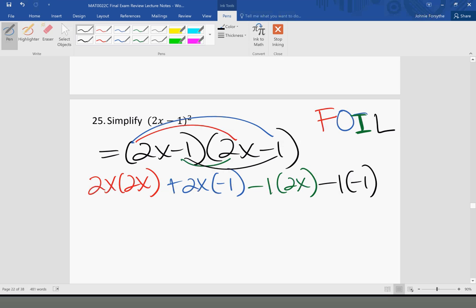So that is distributing basically, but everybody calls it FOIL. This is a way to help follow what we're doing. But FOIL only works for a binomial times a binomial. Like 2 terms times 2 terms.